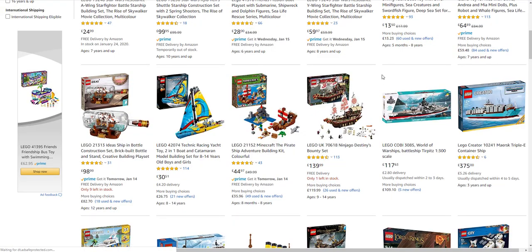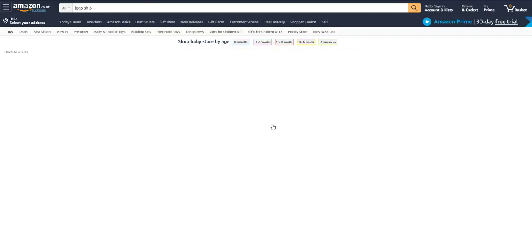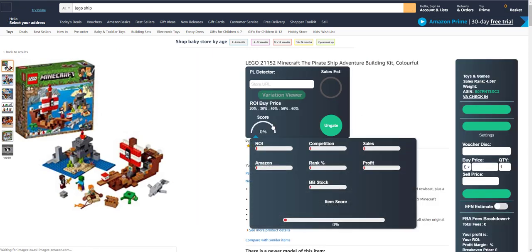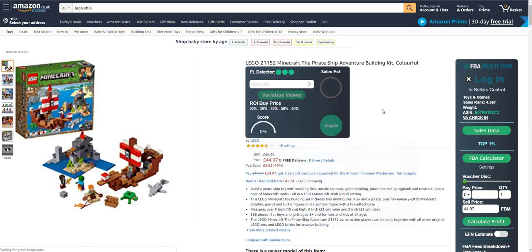No, I'm kidding, but I'm gonna use this as an example. Let's use the Minecraft kit. So you've just looked on Argos or Asda, wherever you're sourcing from, and you found this product for £20. Bargain. I'd be buying that right now, and I know it.